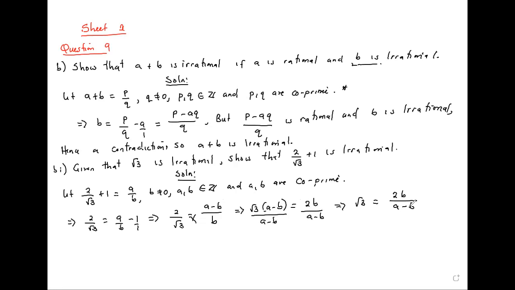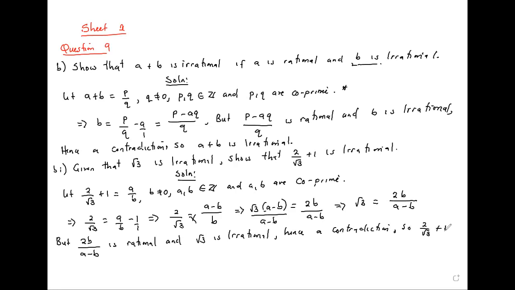So once you have that, then you say, but 2b over a minus b is rational, and root 3 is irrational. Hence, the contradiction. So 2 over root 3 plus 1 is irrational.